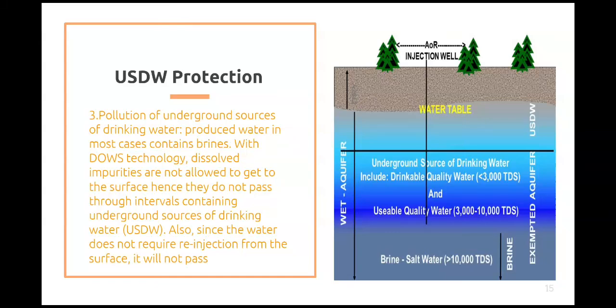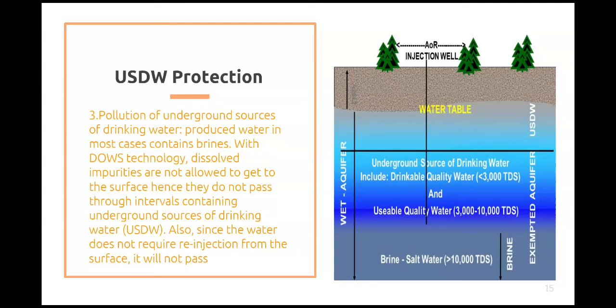Third, USDW protection. What is USDW? USDW stands for underground source of drinking water. Pollution of underground sources of drinking water is a concern. Produced water in most cases contains brines. With downhole separator technology implementation, the engineers can protect the aquifer in the formation that can be used in the future as underground sources of drinking water.